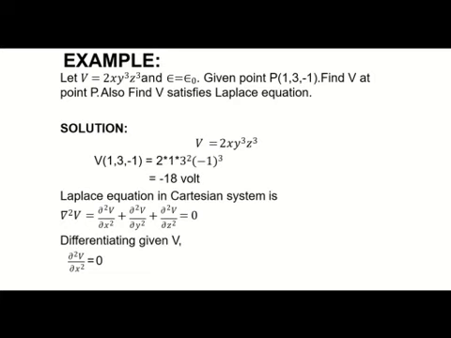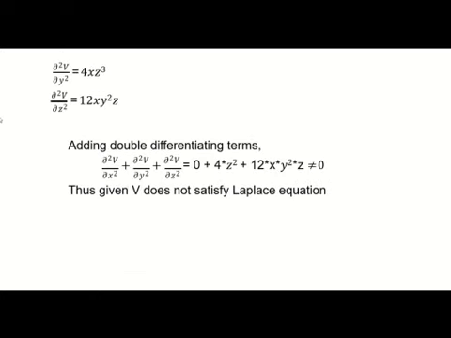So first, when we differentiate with respect to x, del square V by del x square, then we get it as equal to 0. Also del square V by del y square. If we do this second derivative, then we get the expression as this one. And also del square V by del z square, we get these values.